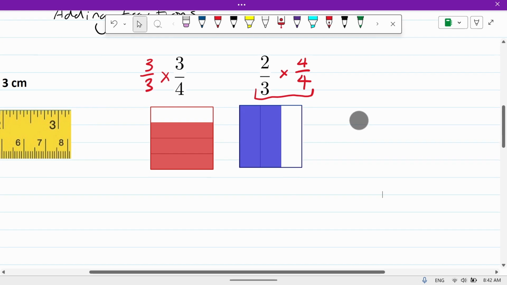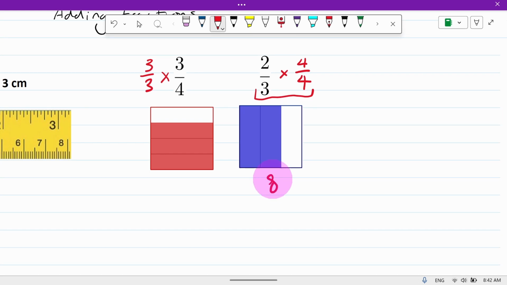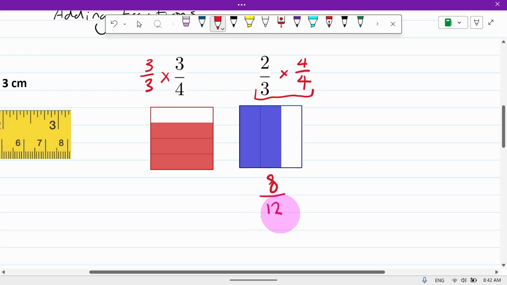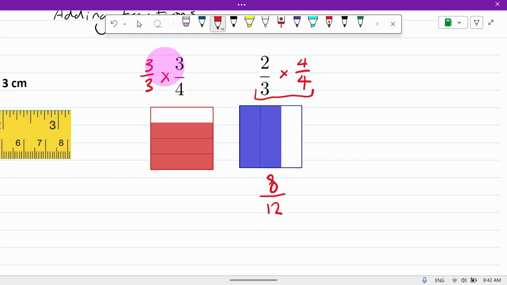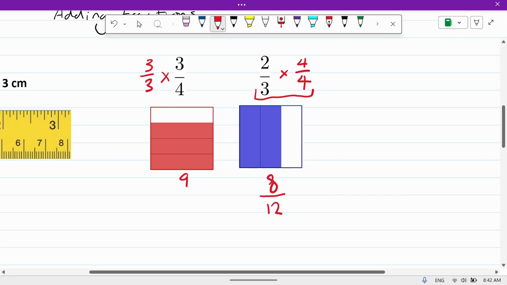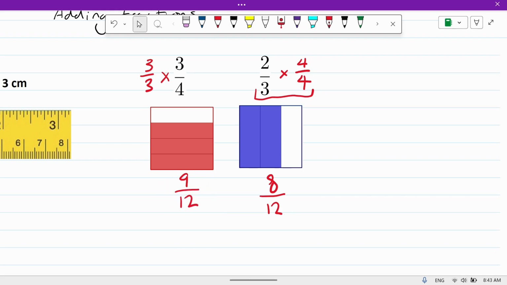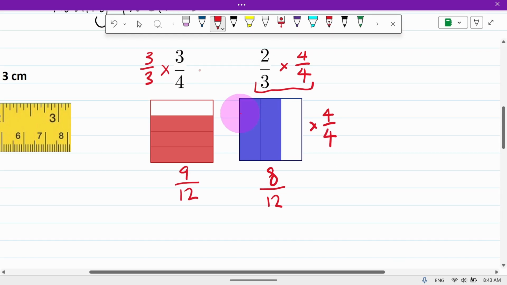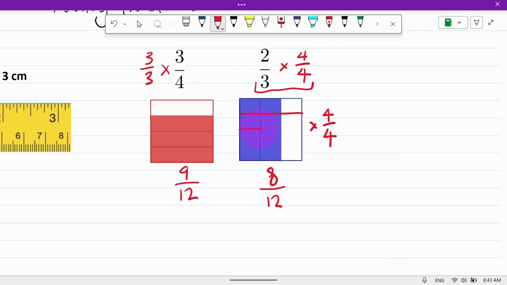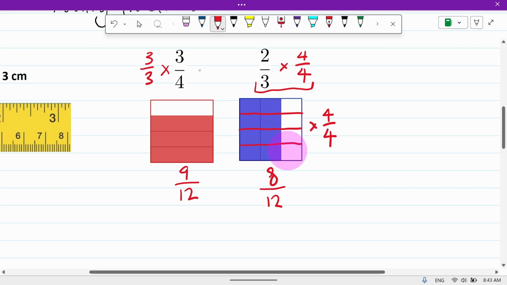Now, let's go through the steps. 2 4s are 8, 3 4s are 12, 3 3s are 9, 3 4s are 12. Visually, when I multiply this fraction, 2/3, by 4 divided by 4, it cuts the picture up into 4 parts. 1, 2, 3, 4.